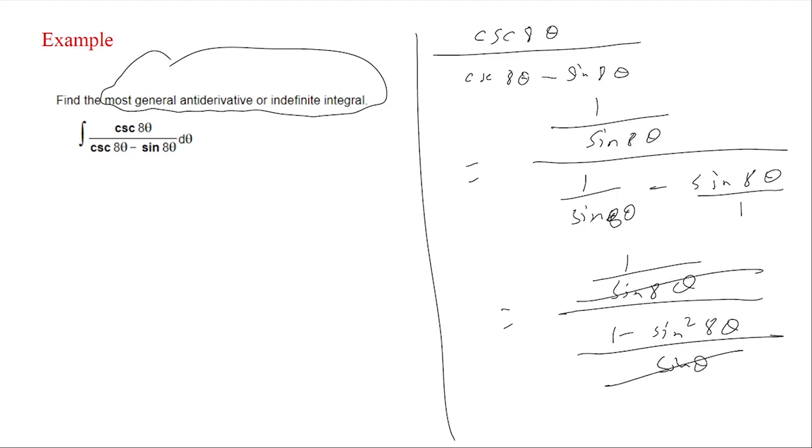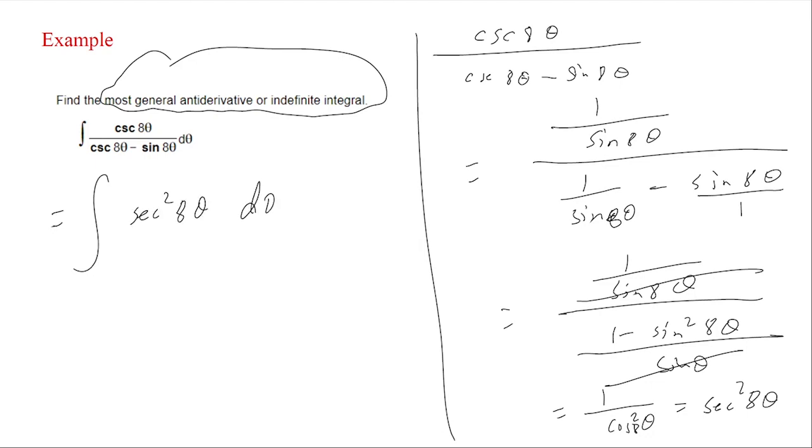This sine and this sine I can cancel out. So on the top there is a 1, on the bottom I'm going to get 1 over cosine square 8 theta, which is basically secant square 8 theta. So after simplification, this is actually secant square 8 theta d theta.